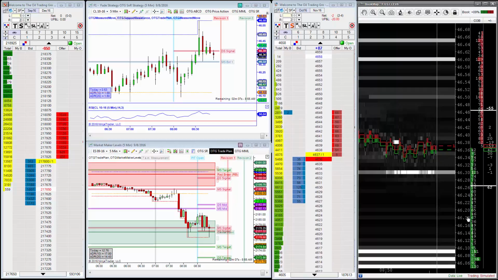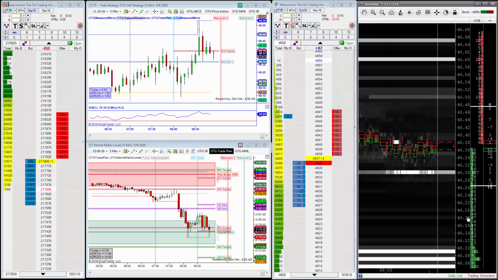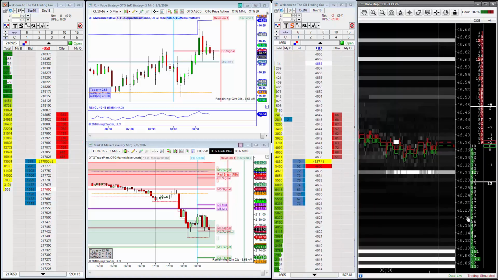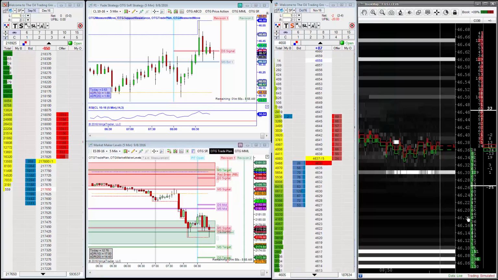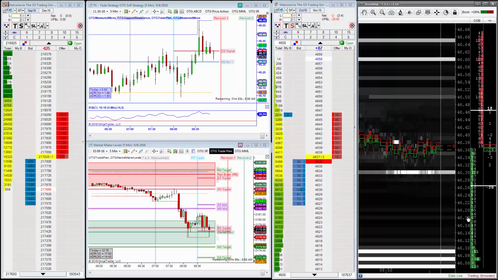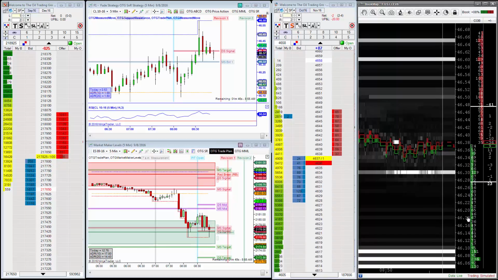All right, one more push down underneath. There's 38, 37. Let's go 36, 35. You want this bar to close as far underneath 39 as you can on this 5-minute chart. The lower, the better.